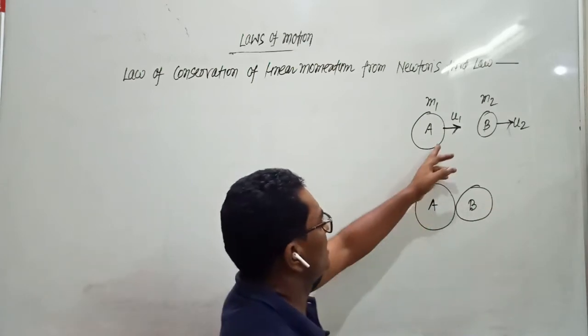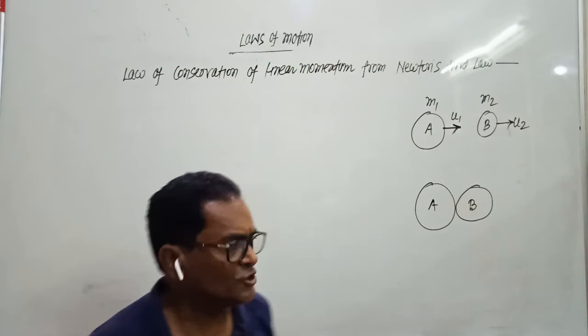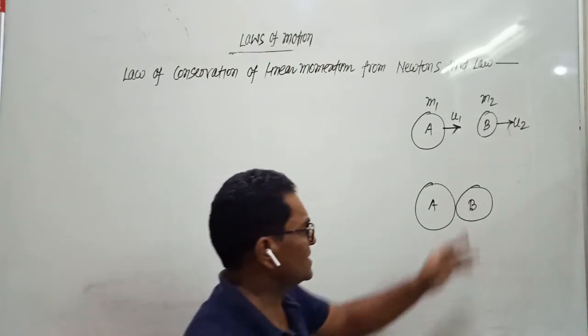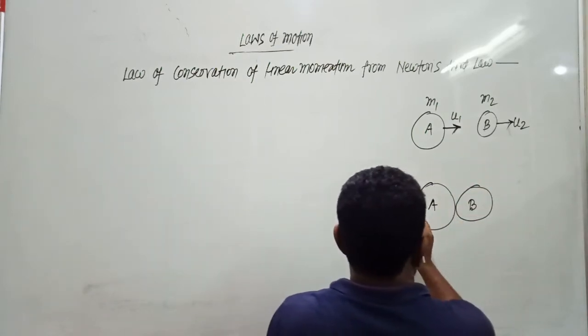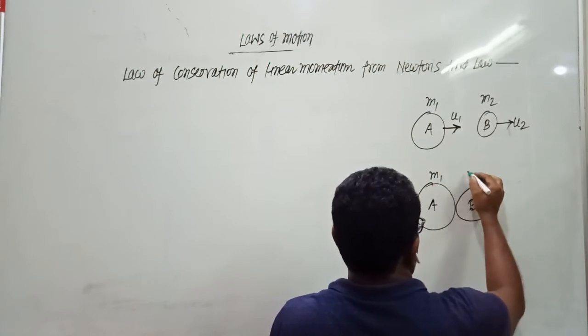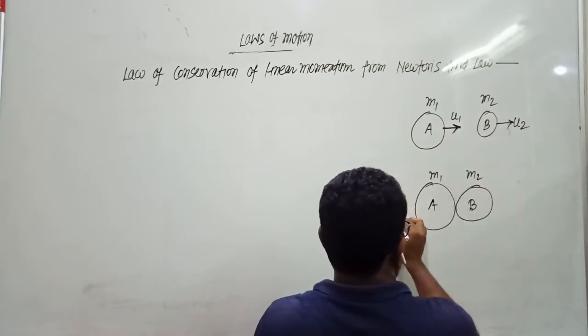Body A, of mass m1, approaches B, and after some time they collide. In that situation, the mass was m1 and the other mass was m2.